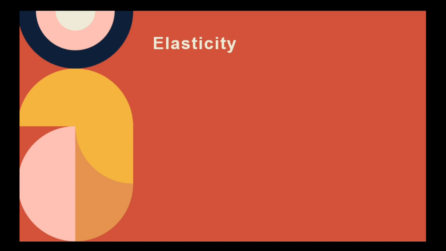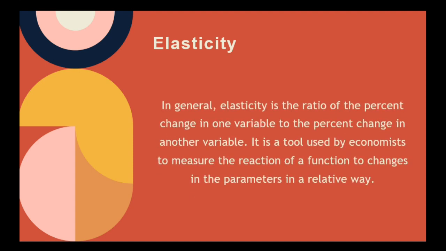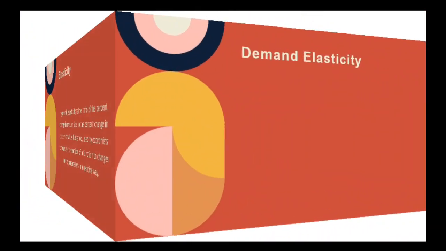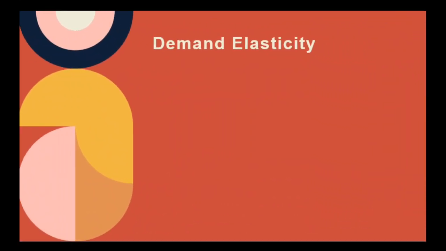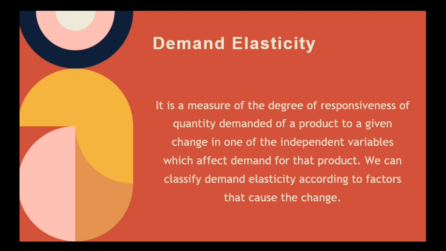In general, elasticity is the ratio of the percent change in one variable to the percent change in another variable. It is a tool used by economists to measure the reaction of a function to changes in the parameters in a relative way. Demand elasticity in particular is a measure of the degree of responsiveness of quantity demanded of a product to a given change in one of the independent variables which affect demand for that product.